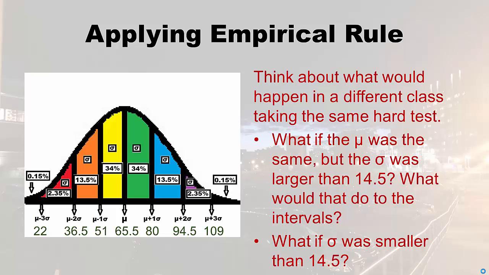Okay, there was a lot of variation in the class. That would already mean that where the 80 is right now would actually be 95.5, right? And where that 51 is now, if we had a standard deviation of 30, that would actually be 35.5. I mean, that'd be a way bigger interval, right?